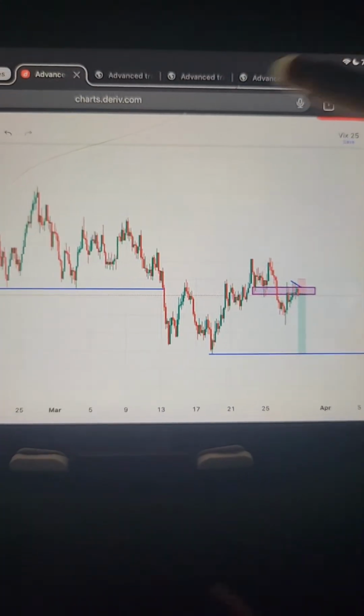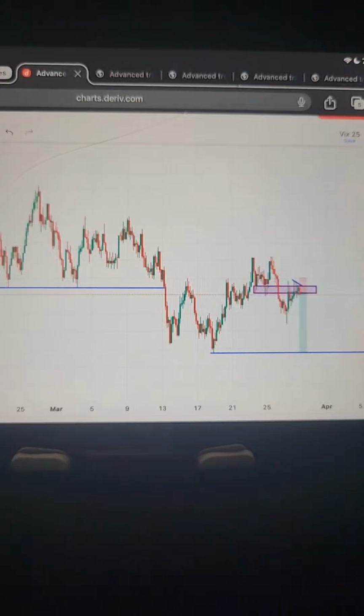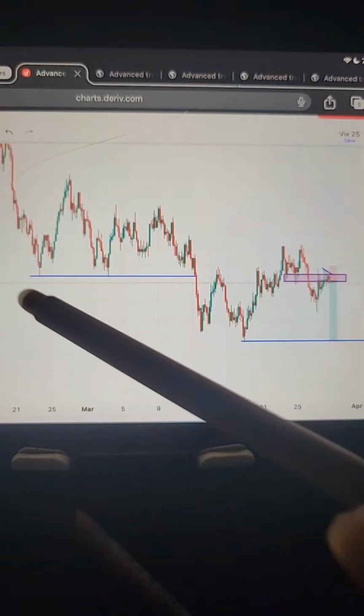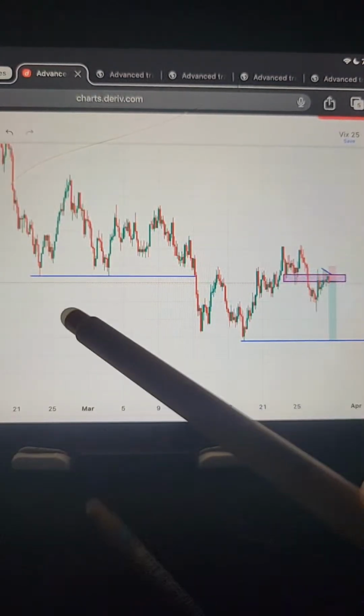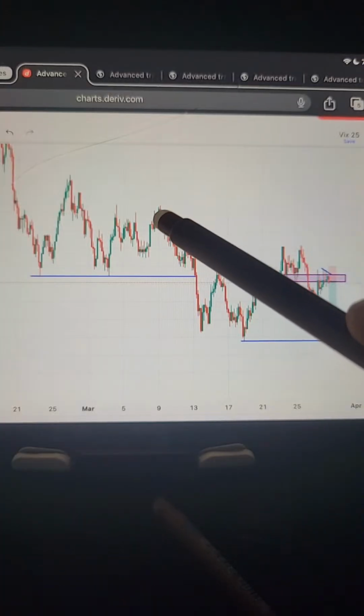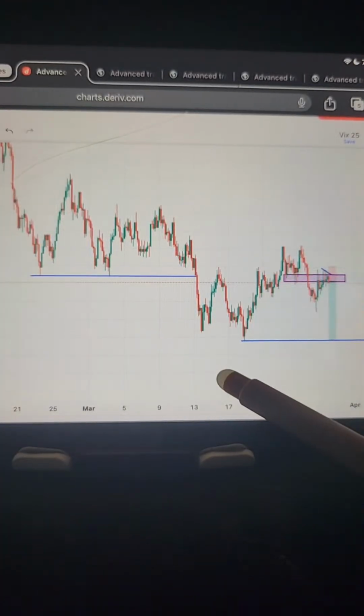You can see that price did this movement. Price broke this low. See, there's a break of structure to the downside. So from here to here is our external structure.